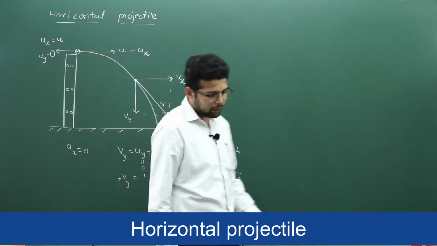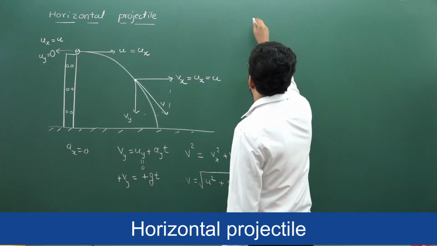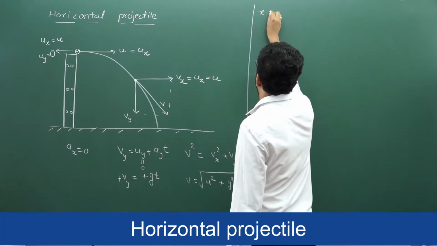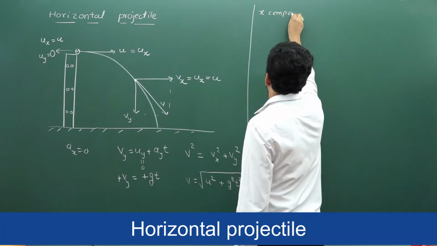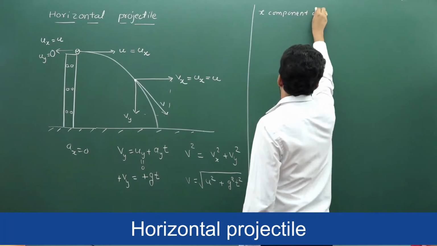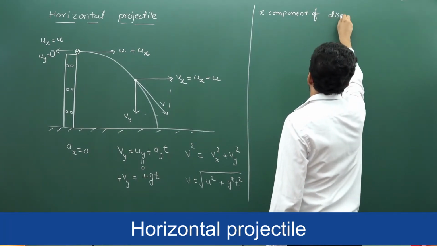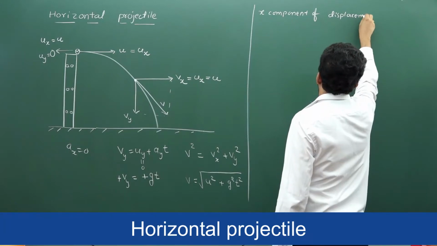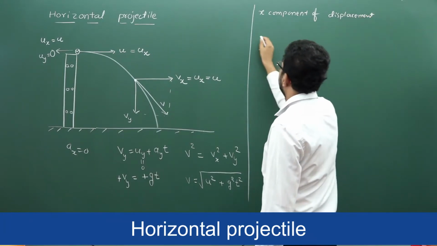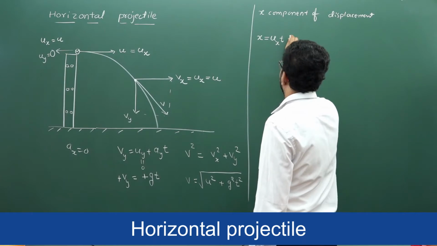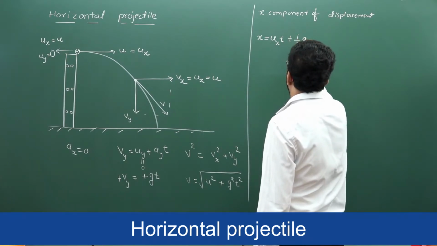Now, what will we do? We will write the x component of displacement of the projectile. Which equation should I use? x is equal to ux into t plus half ax into t square.